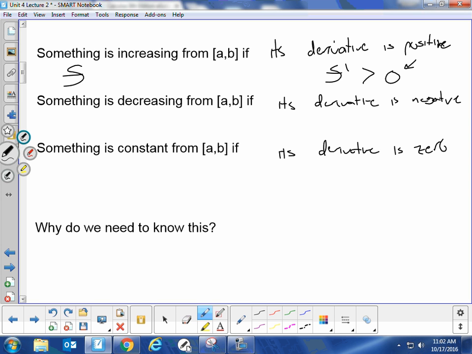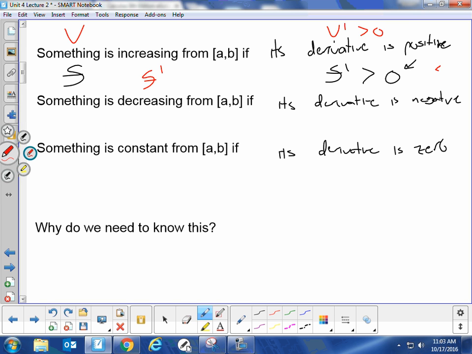But I could ask you, when is v increasing? You would look for when v prime is positive. I could go even further and say, when is f prime increasing? What would I look to see when f prime, my tangent slope values, are increasing?